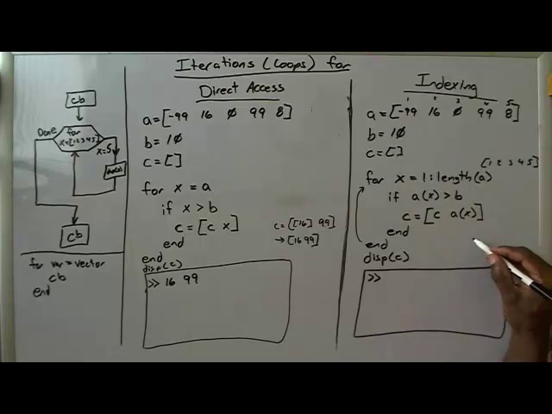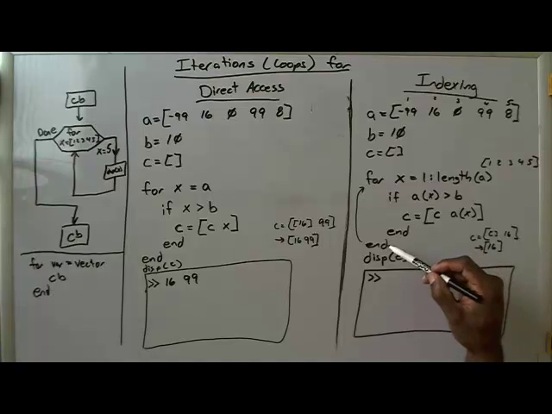So now C equals the empty vector, which has nothing in there, concatenated with A indexed at 2, which is the value 16. So now C equals 16, the vector 16. It's a vector with one thing in it, which we call a scalar. Okay, so this is the present value of C, 16.